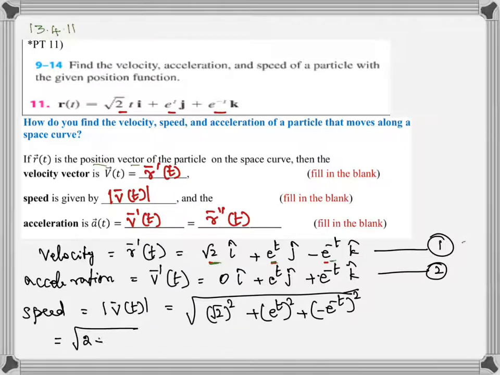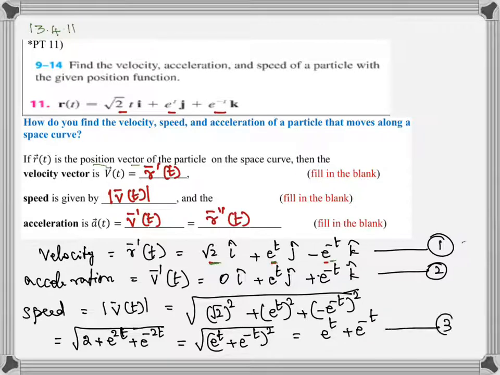If you simplify, it will become 2 plus e to the 2t plus e to the negative 2t, which looks like a perfect square inside. So it is e to the t plus e to the negative t, the whole square within the radical. So square and square root cancel out. You get e to the t plus e to the negative t, which is the speed of the particle.